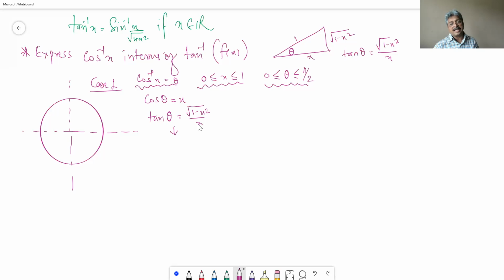I am supposed to take tan inverse. In case of tan inverse, this quantity is a real number, which is okay with us, and theta should be between minus pi by 2 to pi by 2, exclusive, and theta is also in the desired one. Only question is if the x value equals 1.